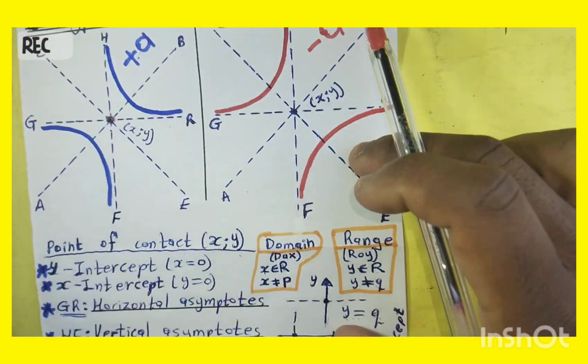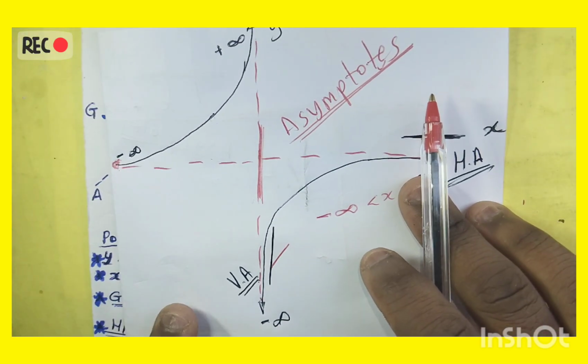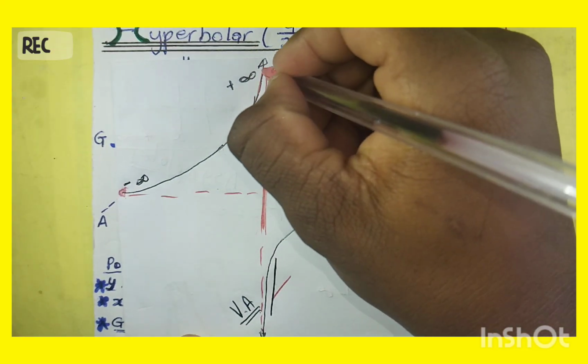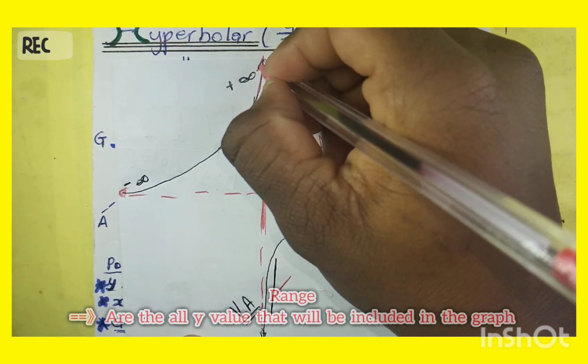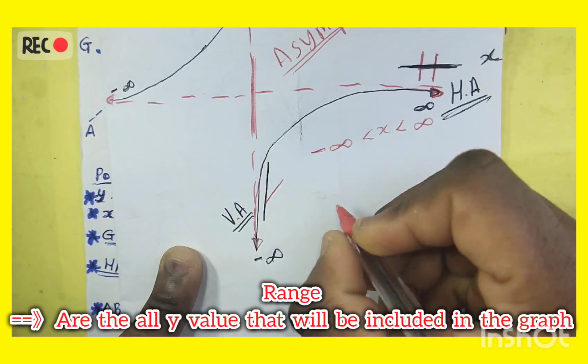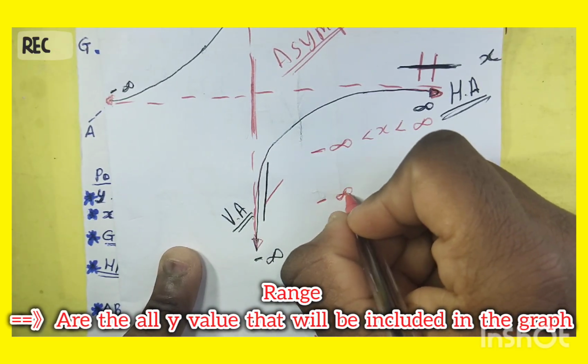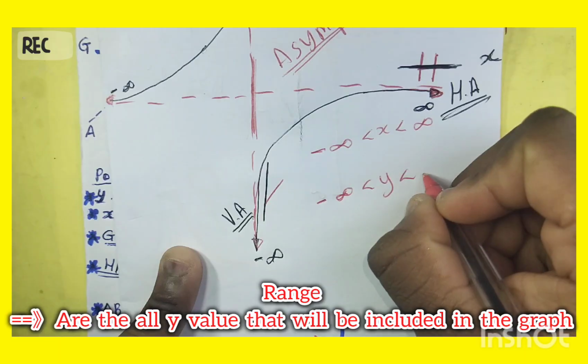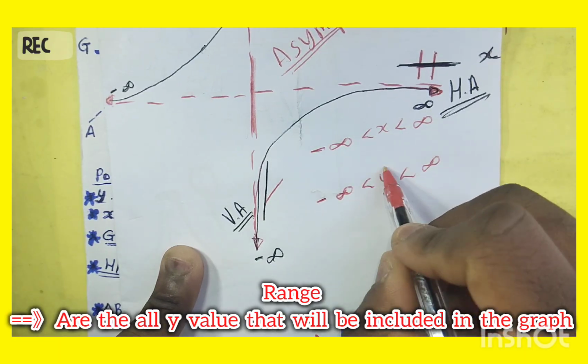Then coming to the range. A range, guys, if you take a look, the range will also go to positive infinity and it goes down to negative infinity. So it means the graph will start from negative infinity, then it goes to what? To positive infinity for the y values.